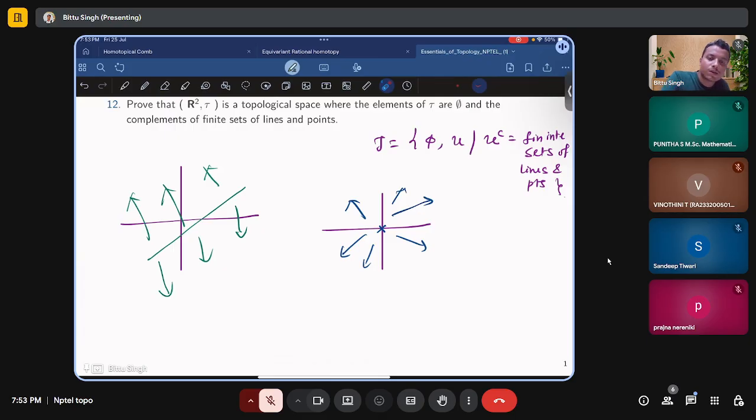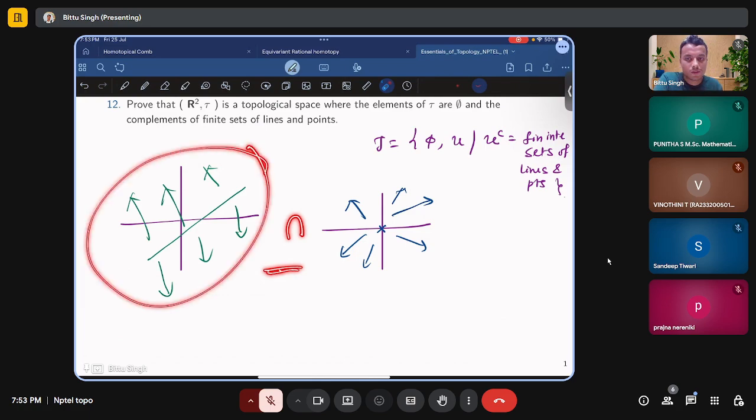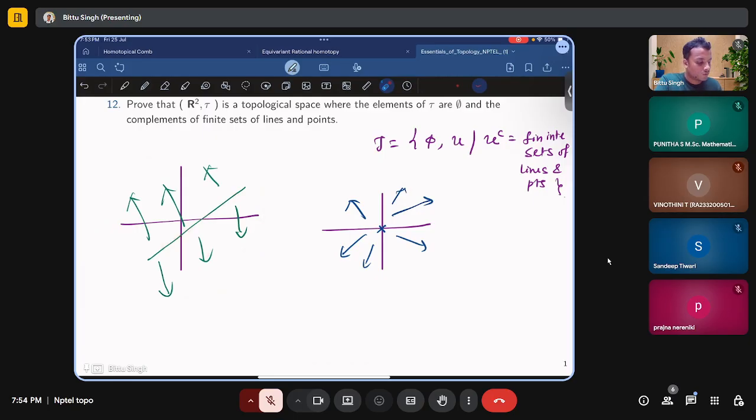So what about finite intersection? For example, in this picture, the intersection of those two things, what will be there? If you intersect those two things, you will get the same picture because it has fewer points. So you will get the same thing. For example, there can be other choices. This is one open set, suppose this is U1, and another U2 will be like this.